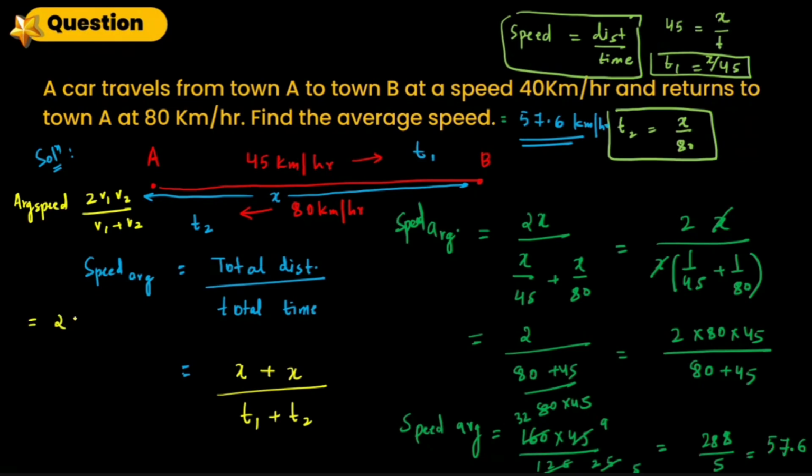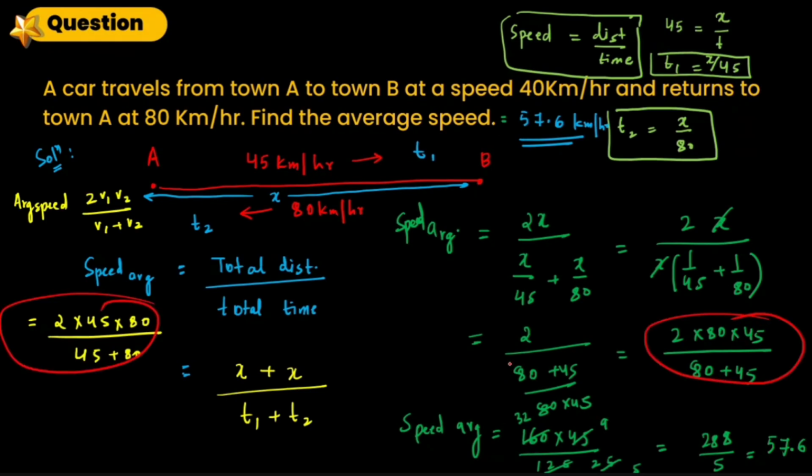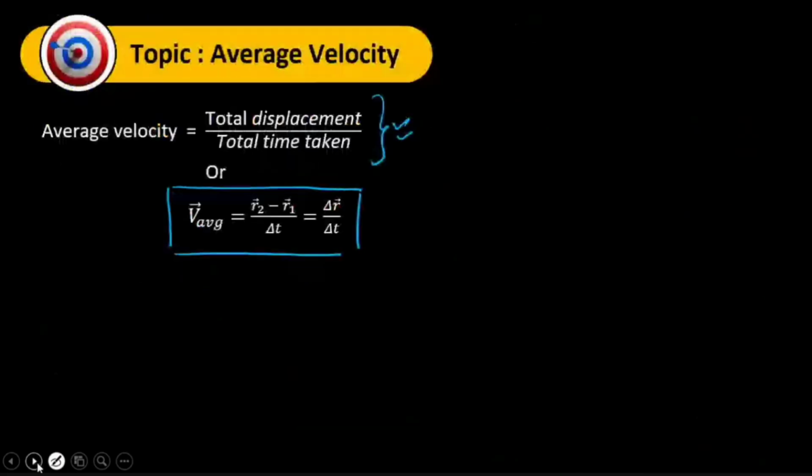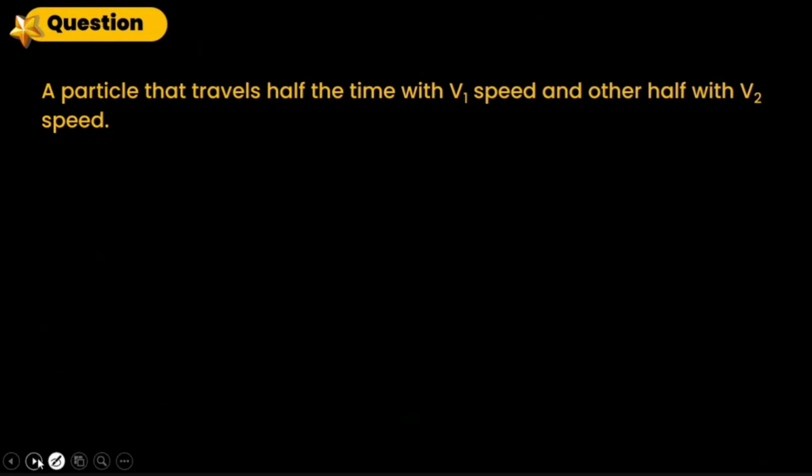So here, twice of 45 into 80 divided by 45 plus 80. You can directly observe here that this relation leads us directly to this point, and after this there are only two steps of getting the answer. So this is the generalized case. But again, remember the question: only if it is half of the distance can we use it. You might see some questions like that on average speed in your practice sheet.